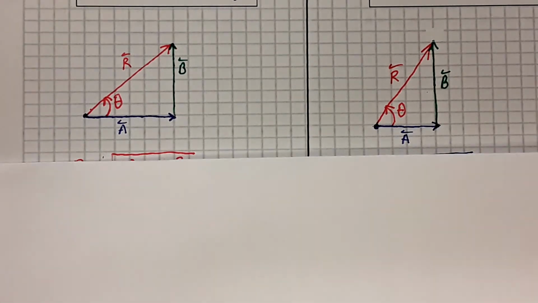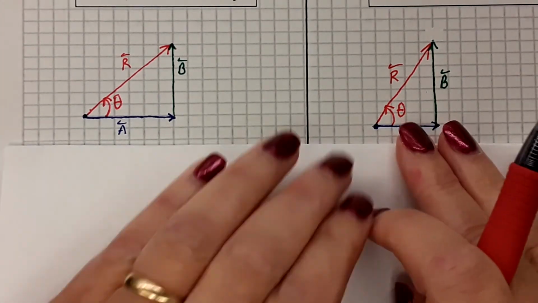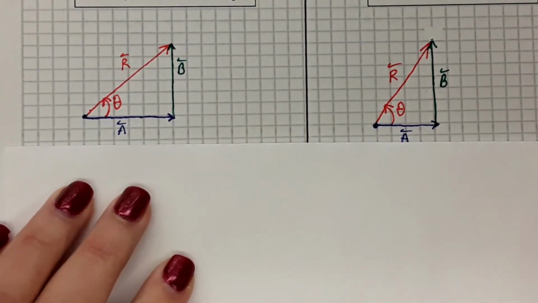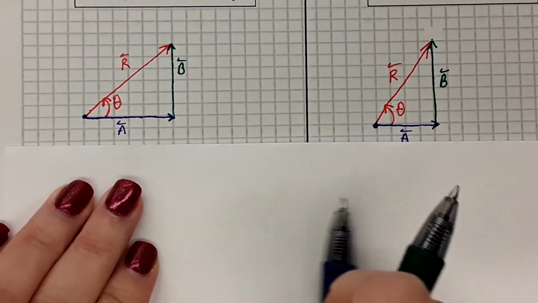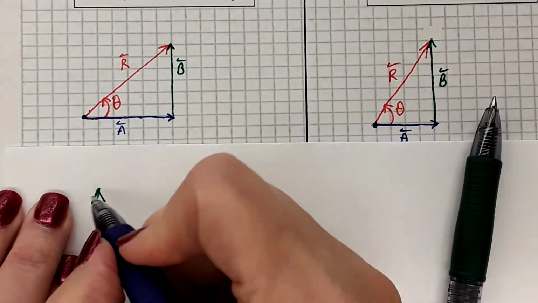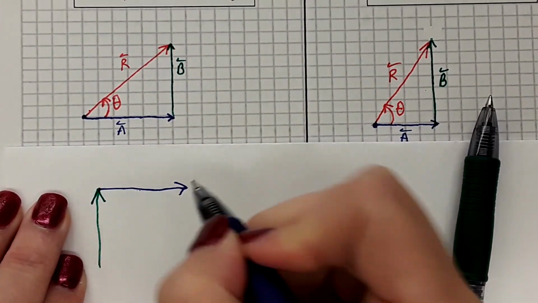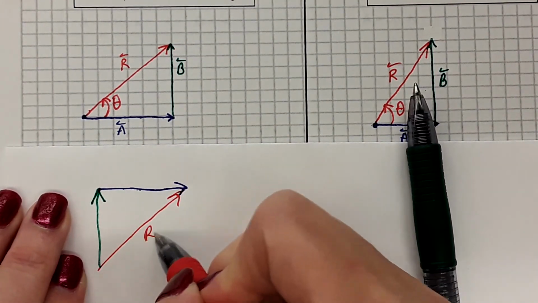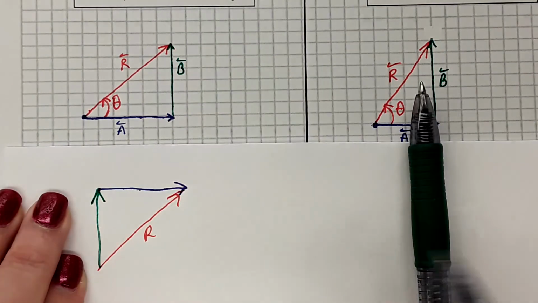Sometimes, and it's not necessarily wrong to do this, it's just a little more convoluted, sometimes people will do the vertical one first. They'll go up and then they'll go over, which is not necessarily wrong. You're going to get the exact same resultant. All right?